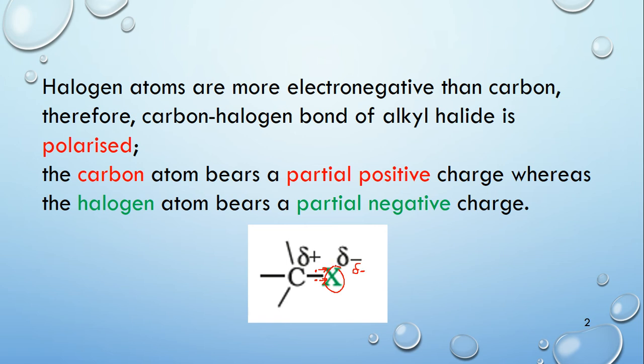In comparison with the halogen atom, the carbon atom is more positive because the electron pair has been pulled towards the halogen atom. Hence the carbon atom bears a delta positive charge and the halogen atom bears a delta negative charge.